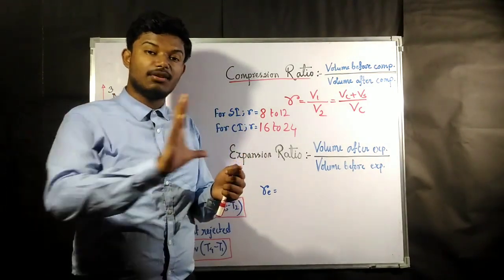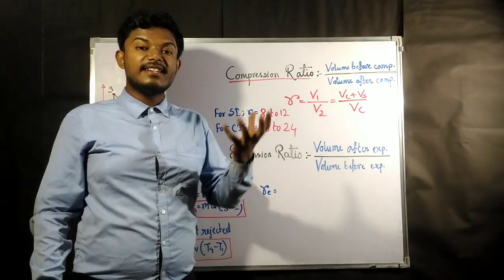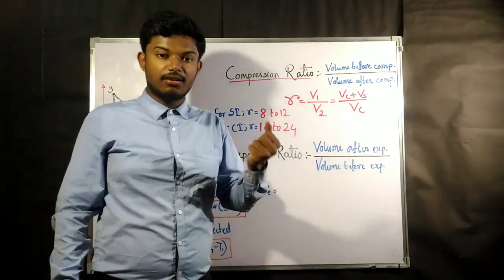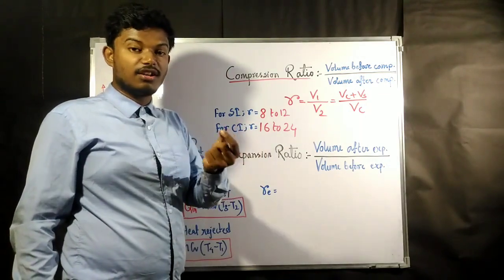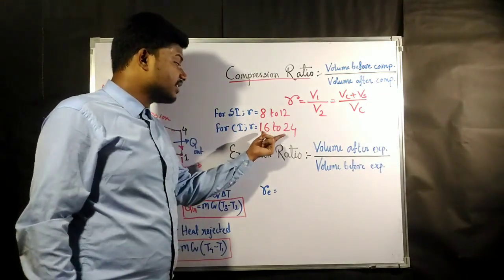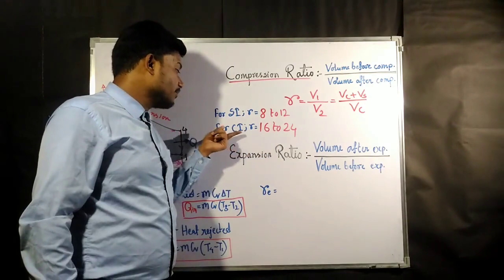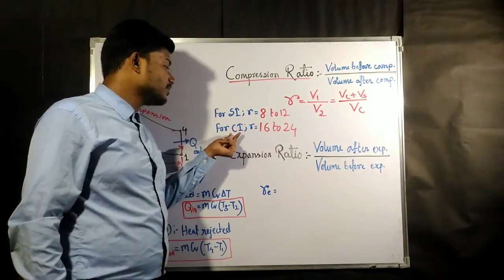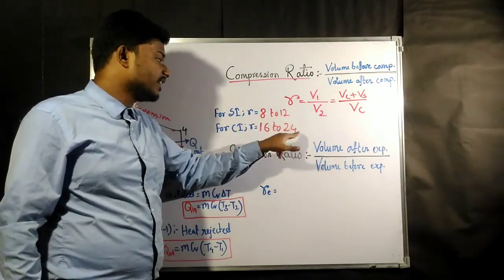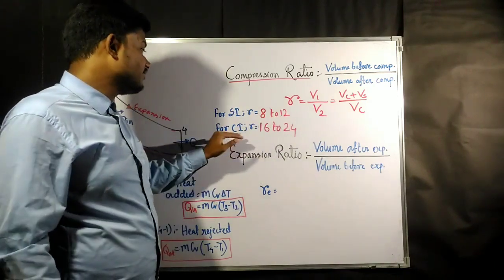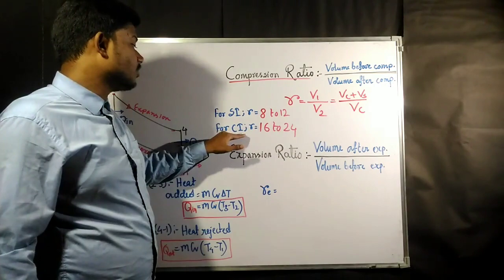Since we don't have any helping hand for starting the ignition, we need to compress the air fuel mixture inside a compression ignition engine very much higher. So that is the reason why we have a very high compression ratio for the compression ignition engine.